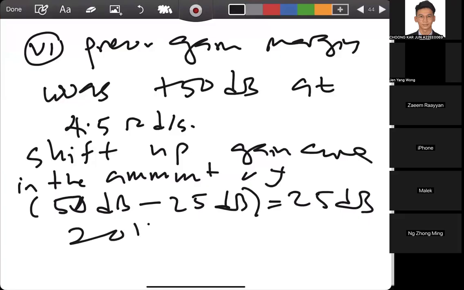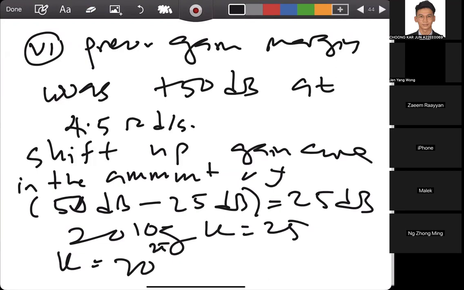So 20 log K equals 25. K is equal to 10 to the power of 25 divided by 20. Lim Jing, 17.78. So this is the new gain K.